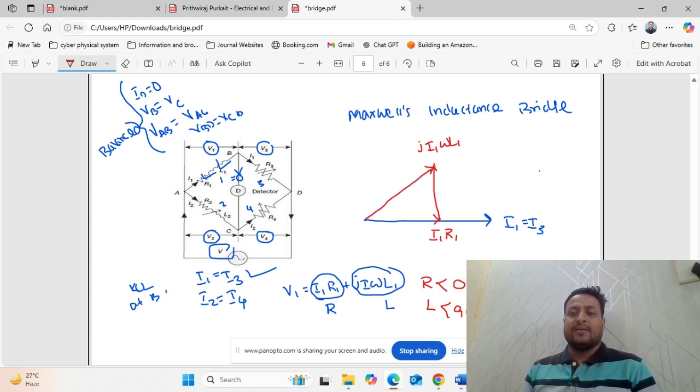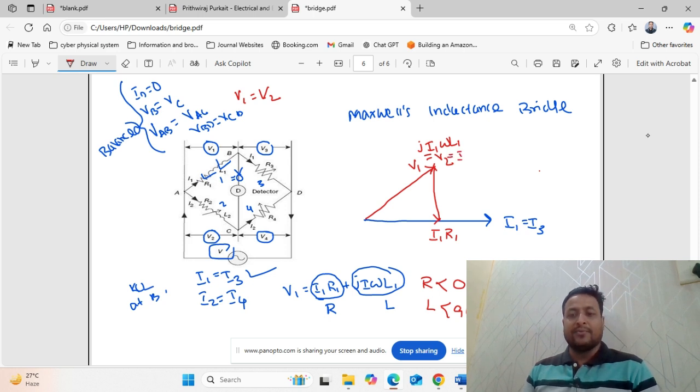This will be V1. Once you find V1, you know that V1 is equal to V2, is it not? For the balance condition, V1 is equal to V2. Now what is the equation for V2?